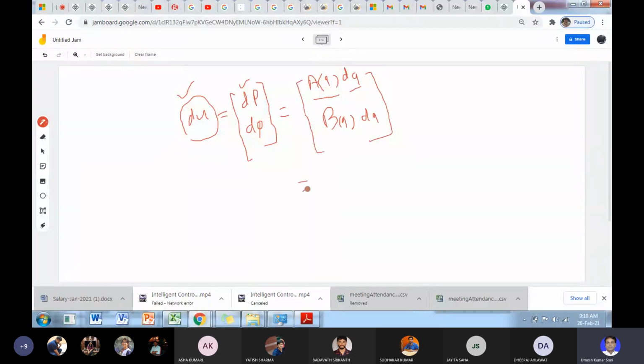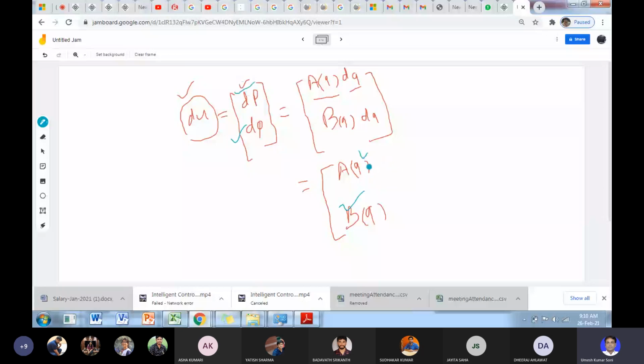So in common you can say that this is equal to A(q) and B(q). Whenever we try to estimate the value of d phi, we will only deal with this matrix, and when we want to define the change in the position, then we will define this term.